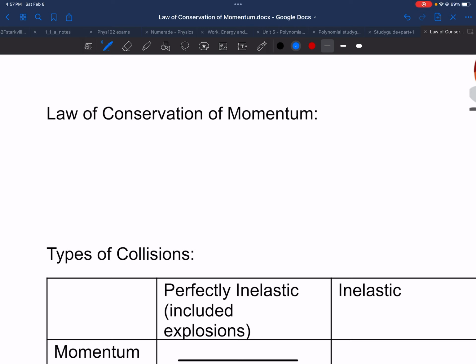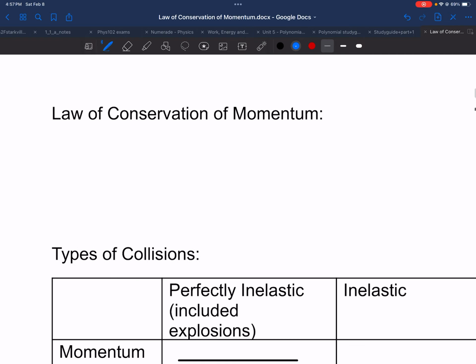So the law of conservation of momentum is very similar in flavor to the law of conservation of energy, except instead of dealing with energy, we're dealing with momentum. So what we have are two circumstances. We have a before situation, and then we have some kind of a collision or explosion, and then we have an after.